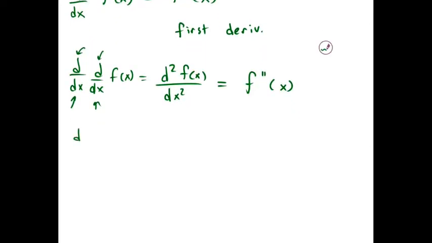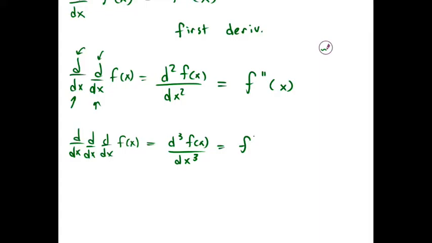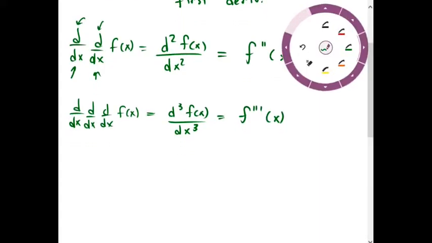And then we can keep going, add one more d dx, and this will be the third derivative. And we use similar notation, and f triple prime.